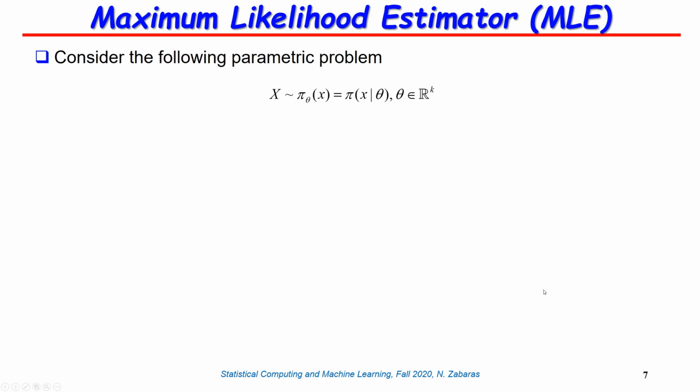So let me move directly to the maximum likelihood estimator, or simply MLE. We're going to assume that we have a parametric model, and I denote the probability density here as pi of x given the parameters theta. So theta are the parameters of this probability model. You can think, if pi is a Gaussian, theta are the mean and the variance of that Gaussian.